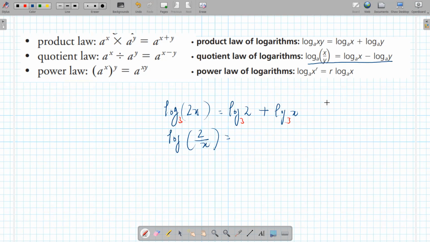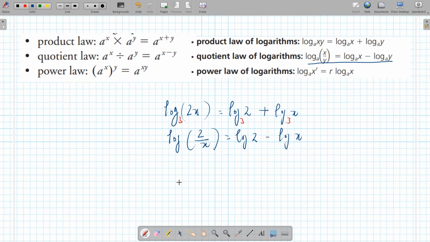You just subtract them, exactly. So this will become log of 2 minus log of x.